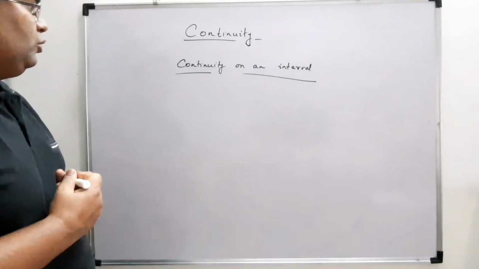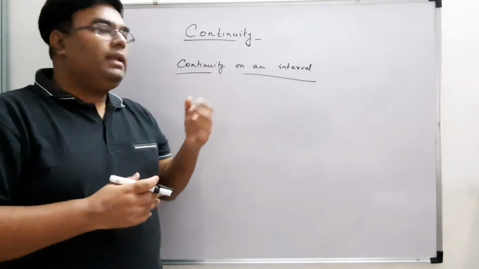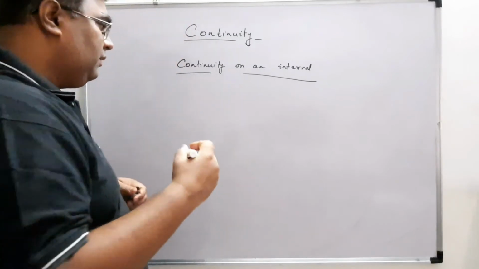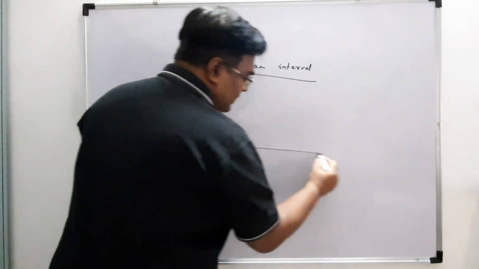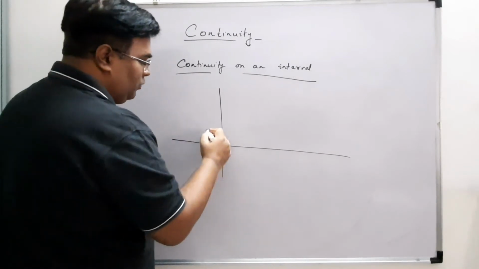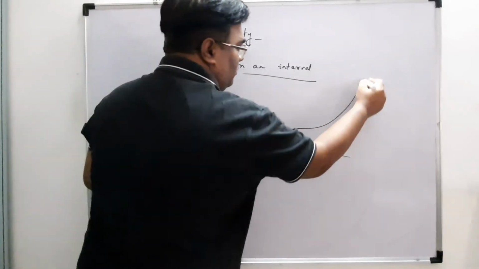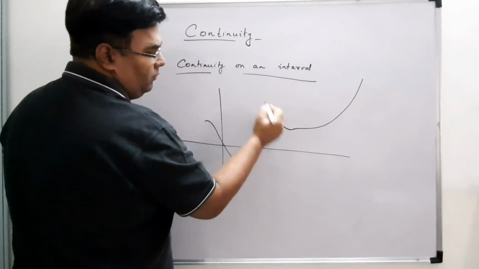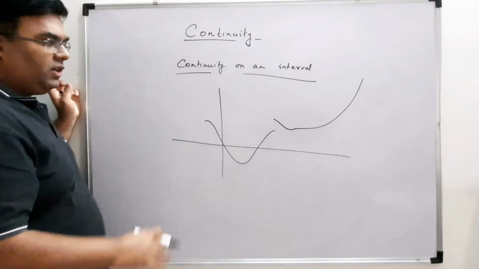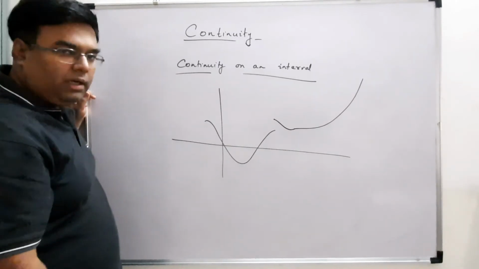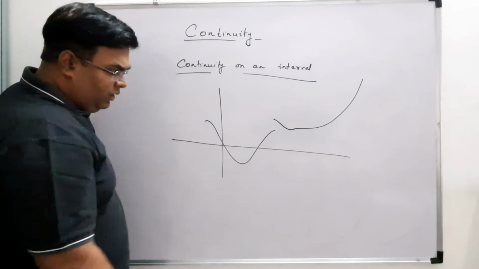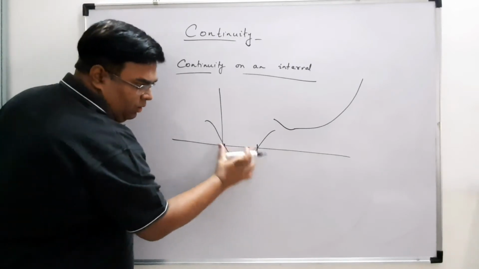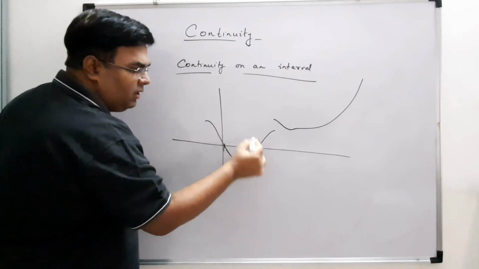Okay, let us understand one more thing, that is continuity on an interval. Now, it may happen that a function is discontinuous, like suppose kind of this, or suppose like this. So this function is definitely not continuous, but if we talk about a particular interval, my function is continuous.